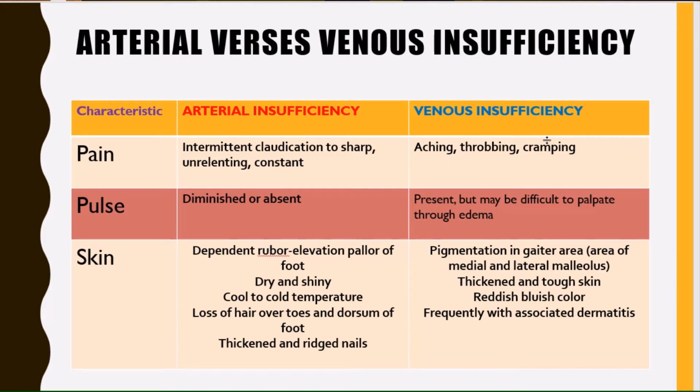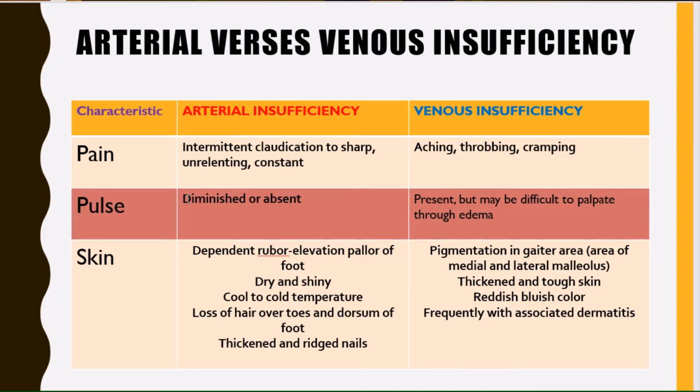In terms of venous insufficiency, the patient may complain of an achy, throbbing or cramping, kind of dull pain. The pulses may be diminished or absent in arterial insufficiency. Remember, there is a problem with blood going to the extremity.